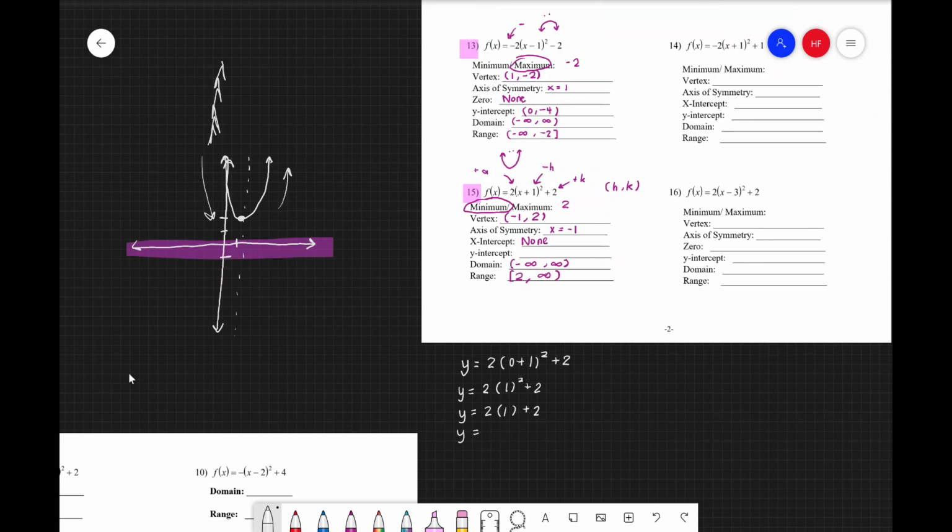Y equals 2 plus 2, which is 4. So my y value is 4, and that is my y-intercept: 0 on the x, 4 on the y. And then we've written in all of our information for number 15.